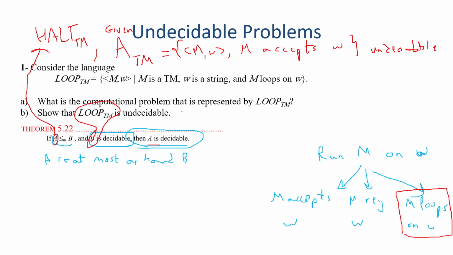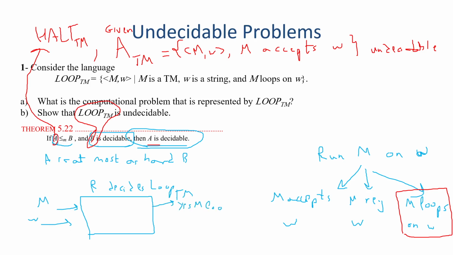If we assume that loop TM exists, what does that mean? You have a machine, say we call it R, that decides loop TM. It takes as input M and W. It'll be able to correctly tell you whether yes, M loops on W or not.